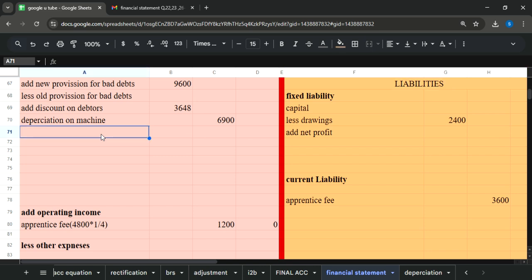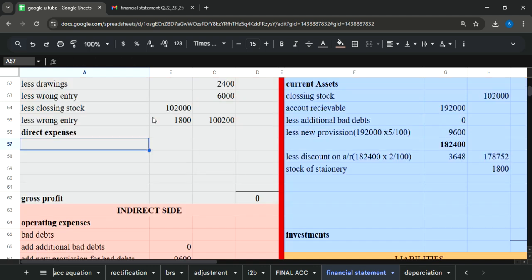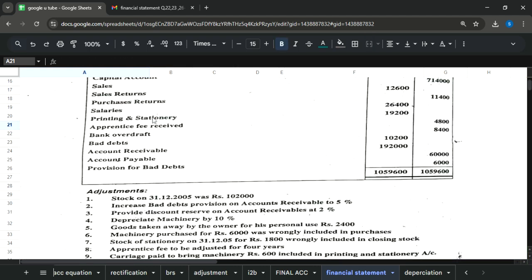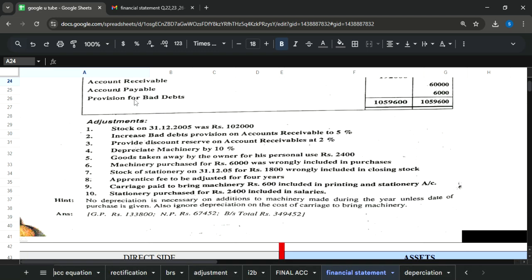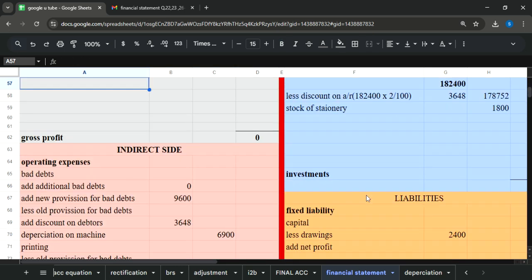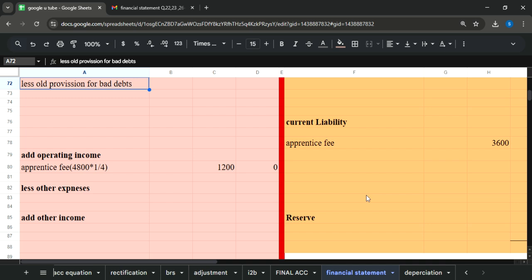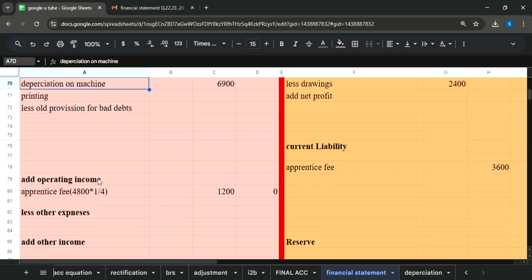Here you will write printing, and then we will see what was the mistake. Once again we'll have to see it. Carriage paid, okay, actually it was amount related to machine, but we have included in stationery. So you will subtract from here print where it had gone.